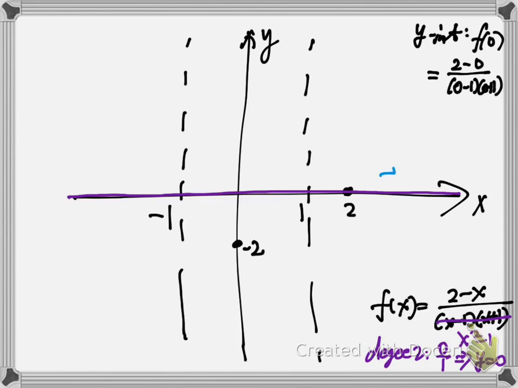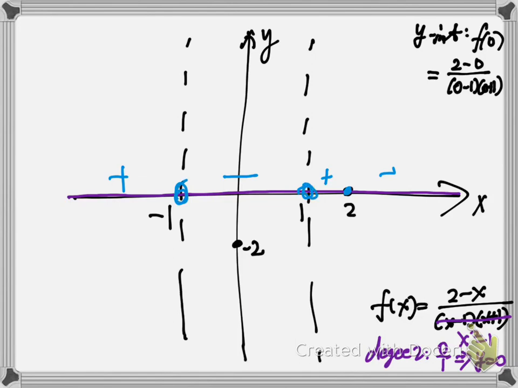So now we need to draw the whole graph. The first one is minus sign, and then plus sign, and then minus sign, and then plus sign. 2 is a dot, so the graph will pass 2. These are 2 circles. They are vertical walls.